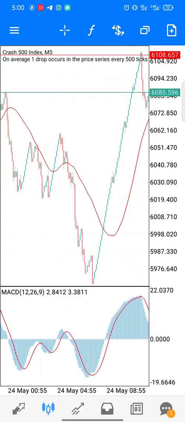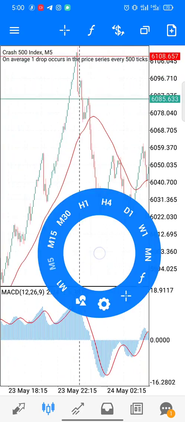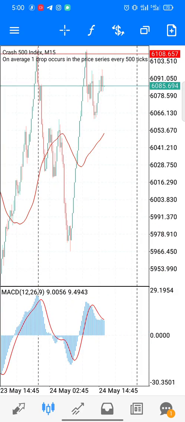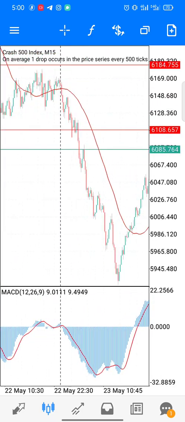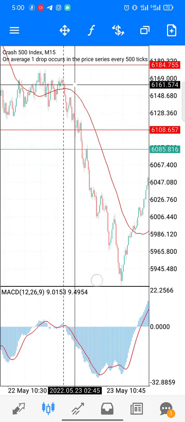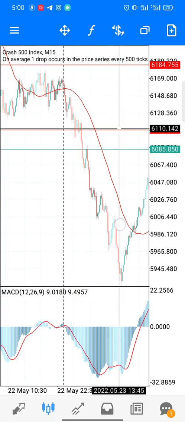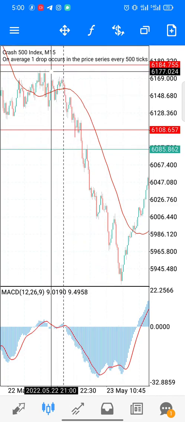If you check it from our indicator strategy, I told you guys, for Crash and Boom, I prefer using the 15 minute time frame, since it mostly involves spikes. I prefer using the moving average on the 15 minute time frame so that I can get a clear picture of it.